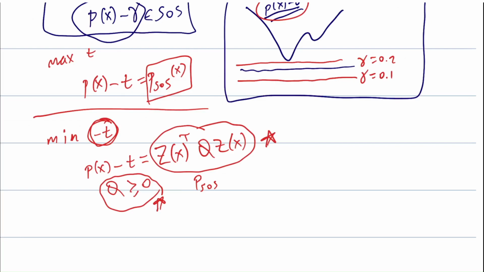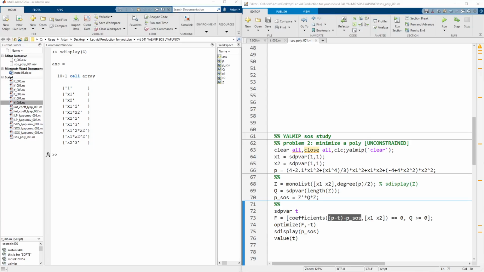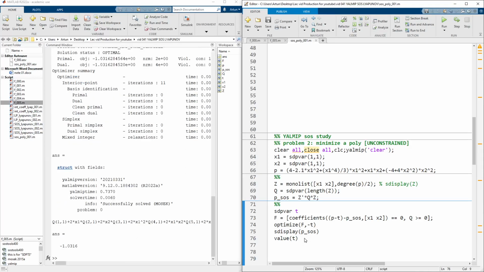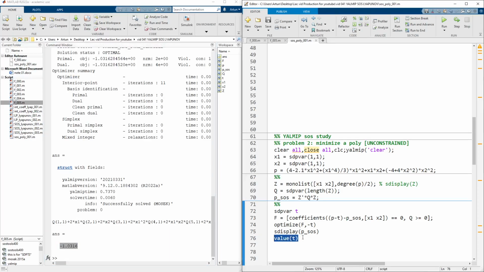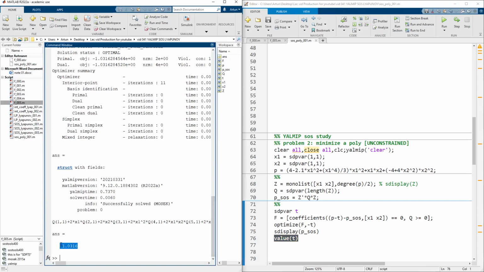So now we can run this, and the answer is this. The T term is the minimum.